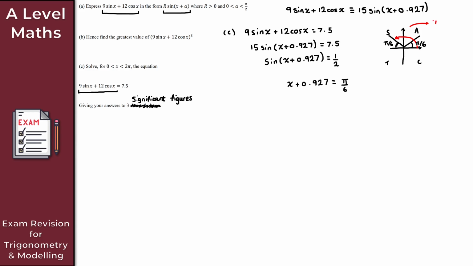So pi minus pi over 6, which is just 6 pi over 6 minus pi over 6, and that gives us 5 pi over 6. So this angle that's formed is 5 pi over 6. So what I've got here is also x plus 0.927 is also equal to 5 pi over 6.